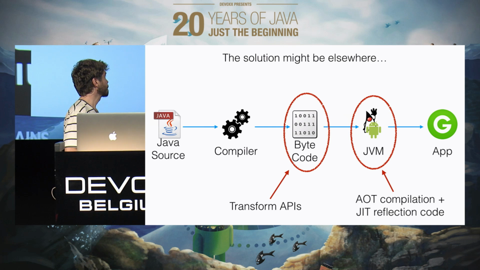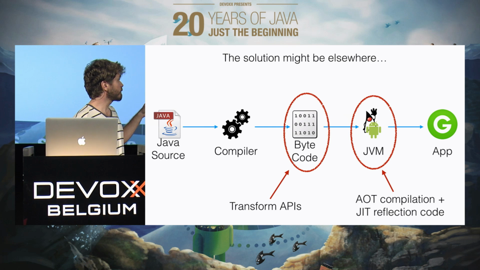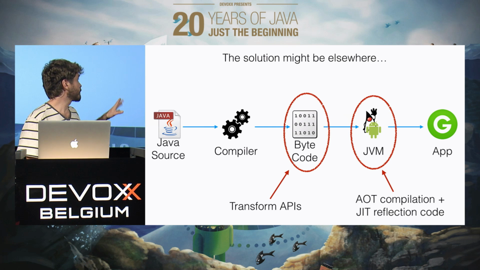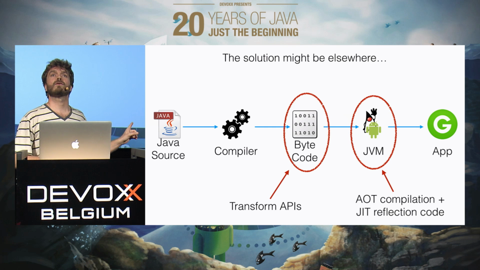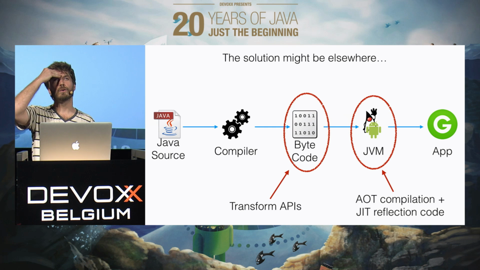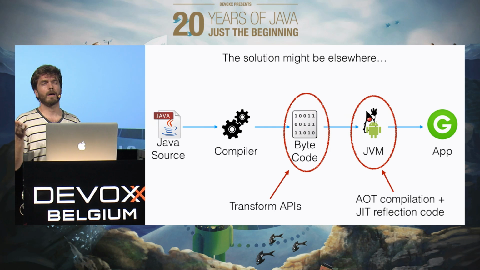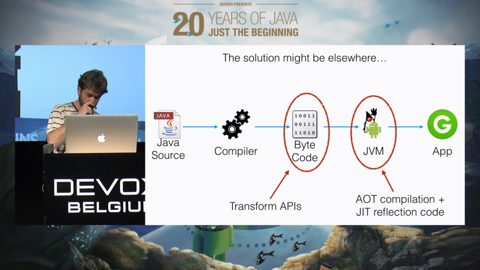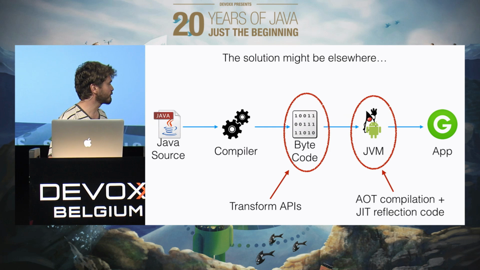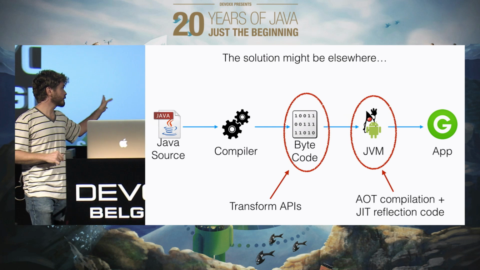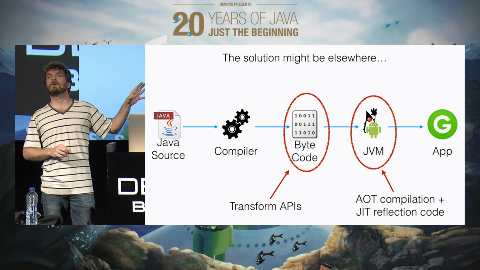That could be possible. A second alternative, which looks closer in time, is to use the new transformation APIs. I don't know if all of you are aware, but the new Android Gradle plugin, which is still in beta, I think it's version 1.5, not so sure, it changes so often, is introducing a new transformation API.